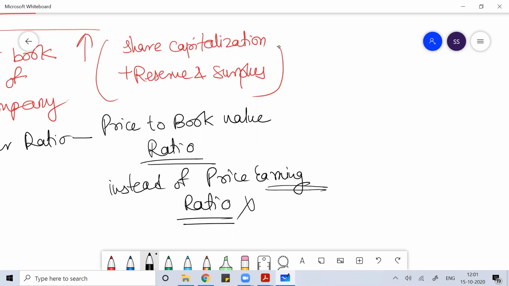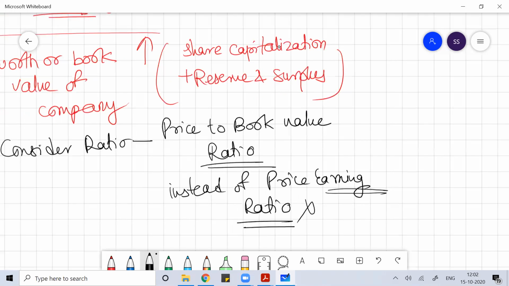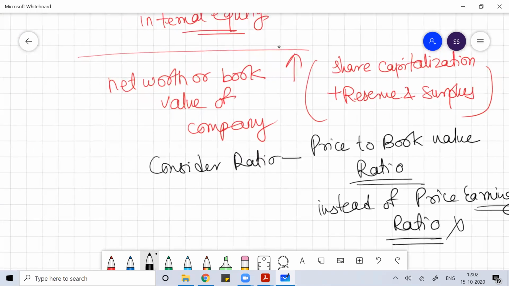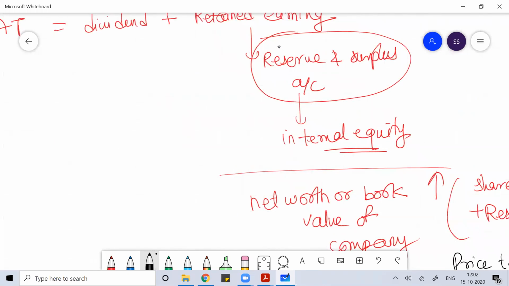The idea is to reduce the taxes. Many companies do that to reduce taxes. So earning does not reflect the true nature of the performance of the company. So instead of looking at the P/E ratio, as many investors do, you should prefer the price to book value ratio. That will give you a better judgment whenever you are analyzing a stock.